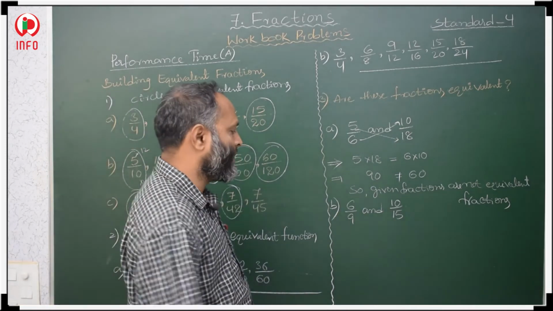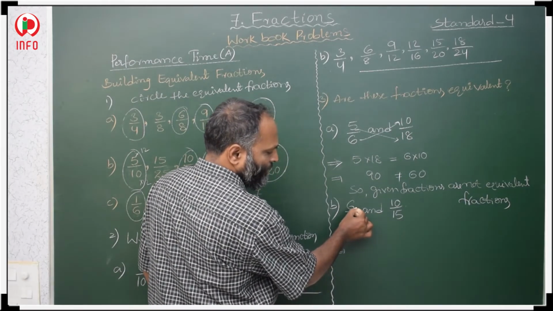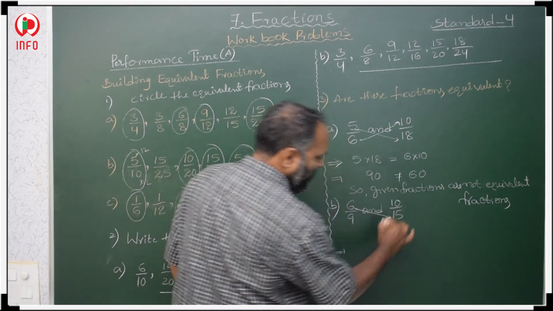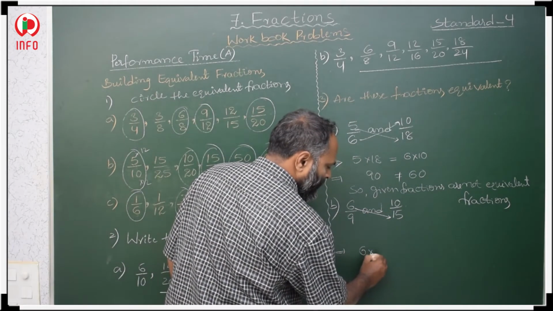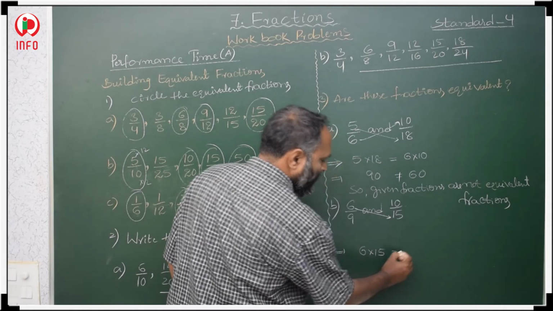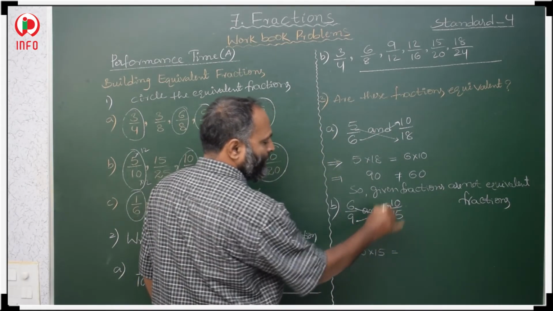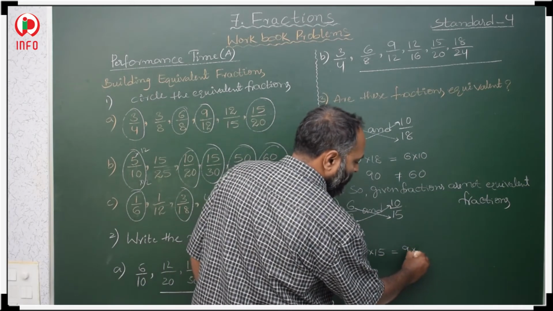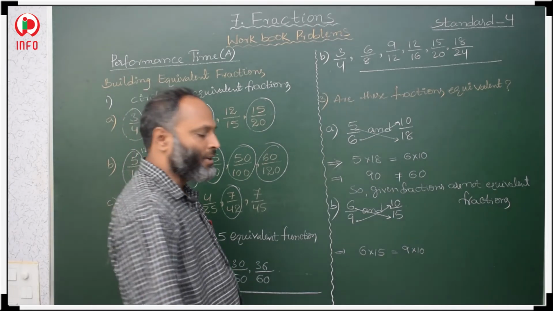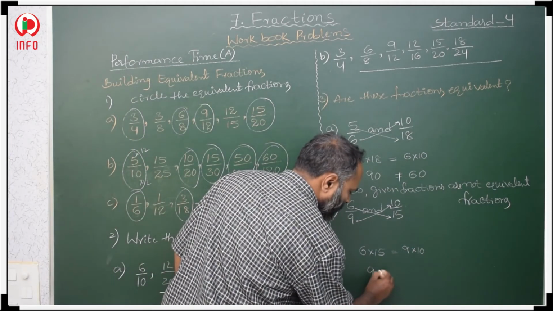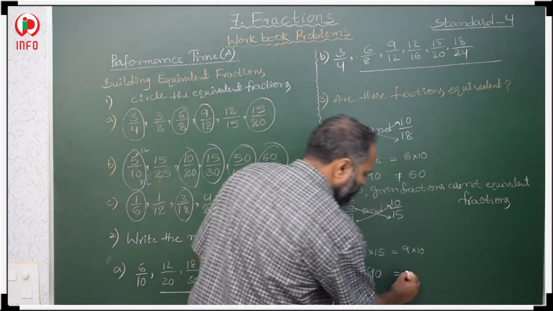Okay. In the second question also, we have to check whether the given fractions are equivalent fractions or not. How to check? The same method we have to follow. First fraction numerator with second fraction denominator, so we have to multiply 6 into 15. First fraction denominator with second fraction numerator, 9 into 10. 6 15s are 90. Then 9 10s are 90.